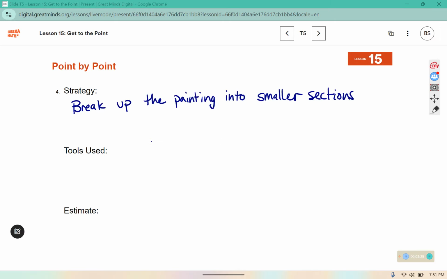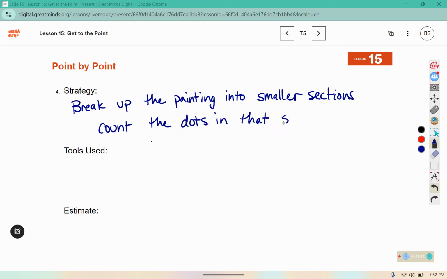The strategy that I'm going to try is to break up the painting into smaller sections. And then I'm only going to count the dots in that section, or in one section. And multiply to get an estimate for the whole painting.